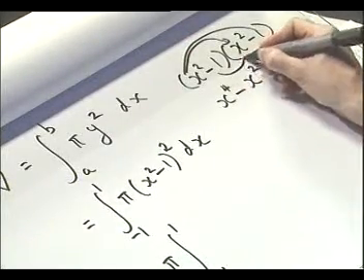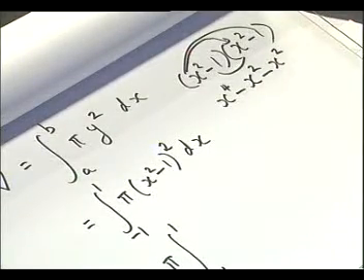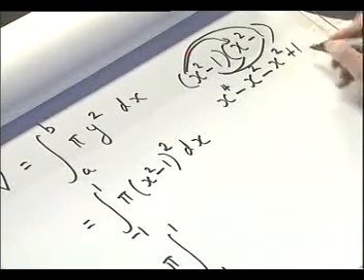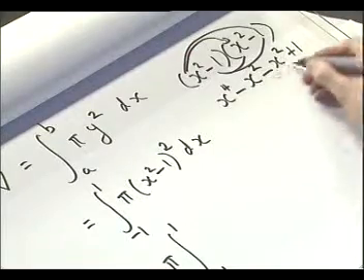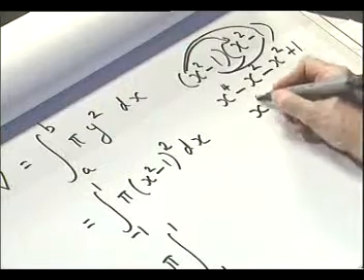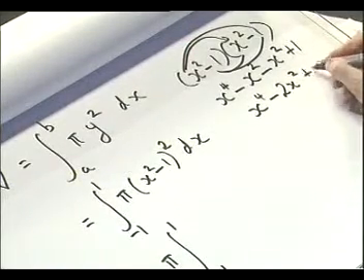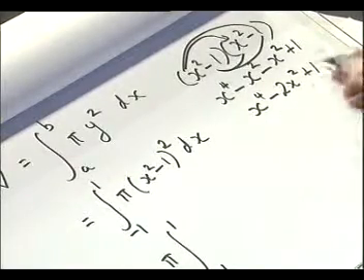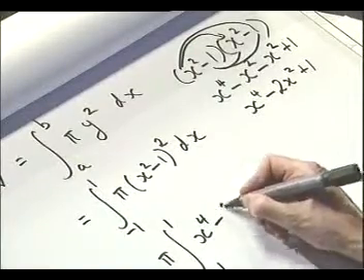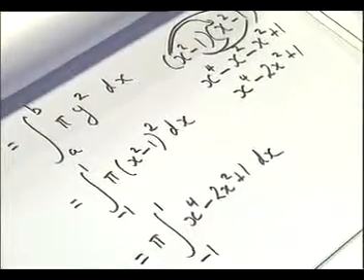Minus 1 times x squared gives us minus x squared. And minus 1 times minus 1 gives us plus 1. And for the middle terms, we have minus 2x squared, so we have x to the 4th minus 2x squared plus 1. So this is y squared, which we can write in here. x to the 4th minus 2x squared plus 1 dx.